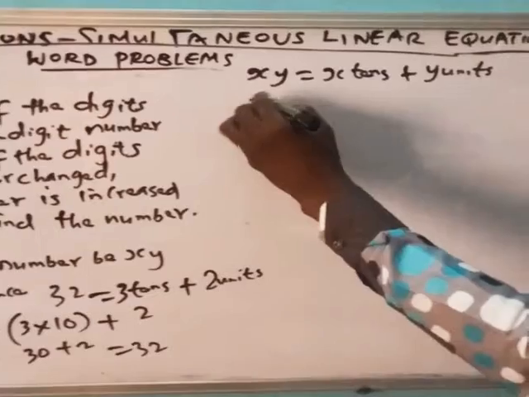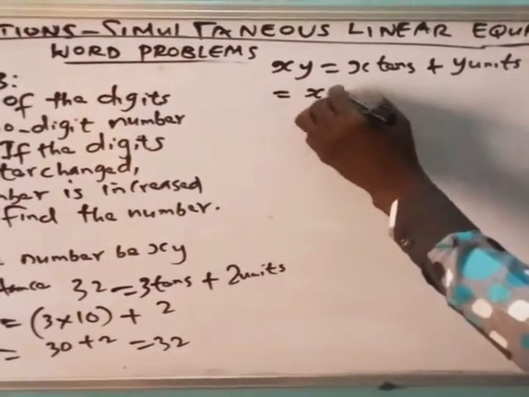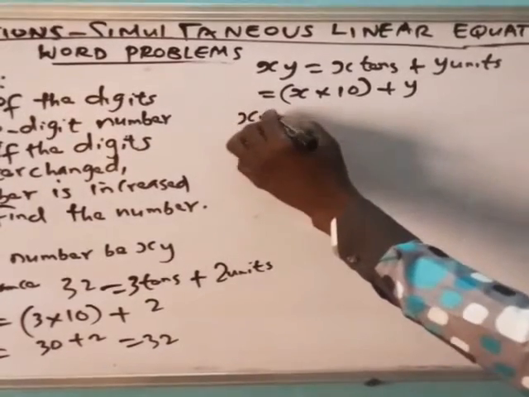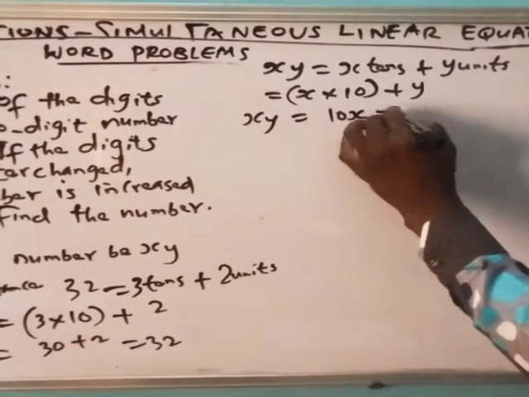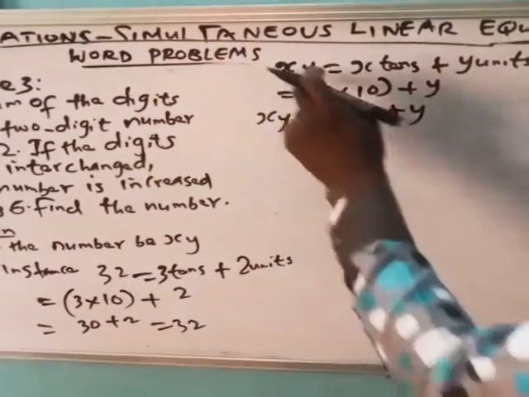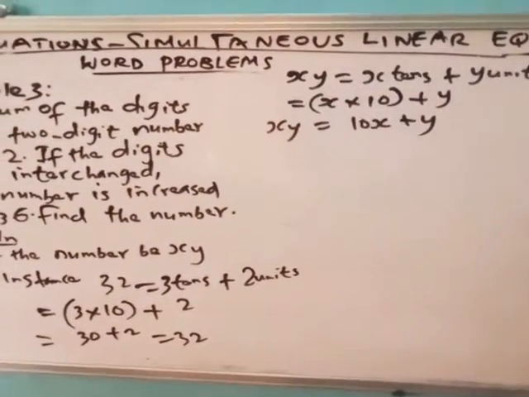And x tens, just like I did here, will now be x times 10 plus y. So xy will be 10x plus y. That's how you handle two-digit numbers.